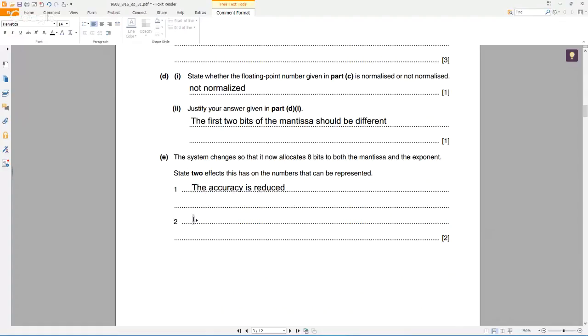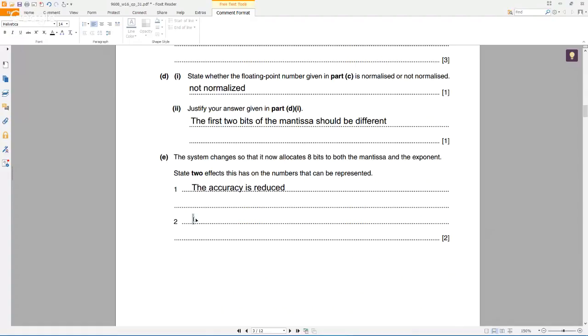But in addition to that, because now the exponent gets 8 bits, which is more than the 4 bits that we had before, it means that you can increase the range of the values that you can represent, because bigger exponents mean bigger numbers or smaller numbers, right? So the range of values that are available is bigger.